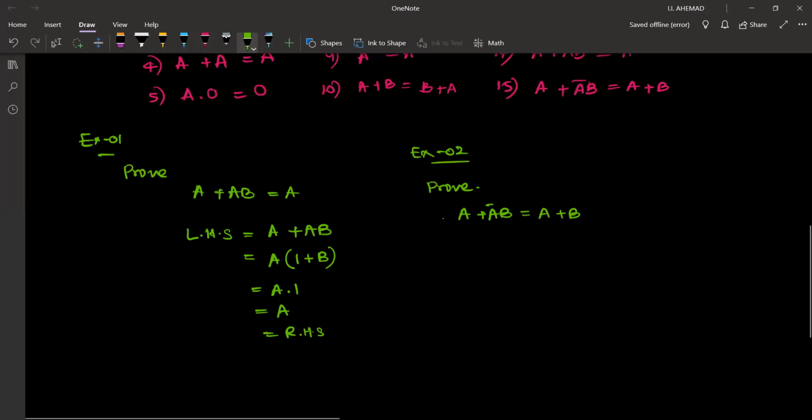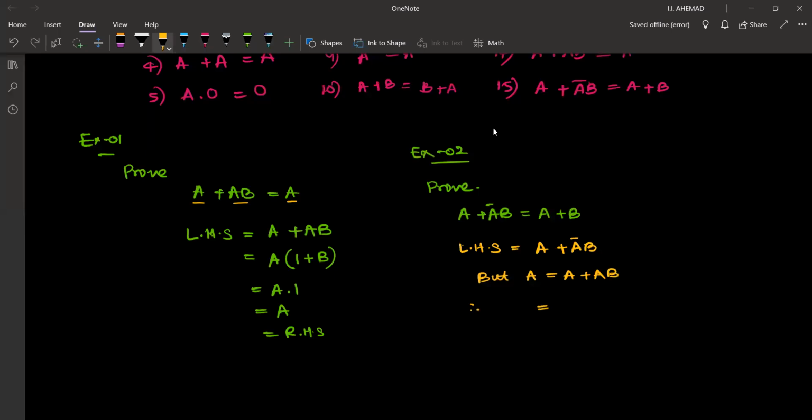Now let's prove this. LHS, left hand side is equal to A plus A bar B, but from previous we can write A as A plus AB, therefore equal to A plus AB plus A bar B. So between these two, we can take B common.